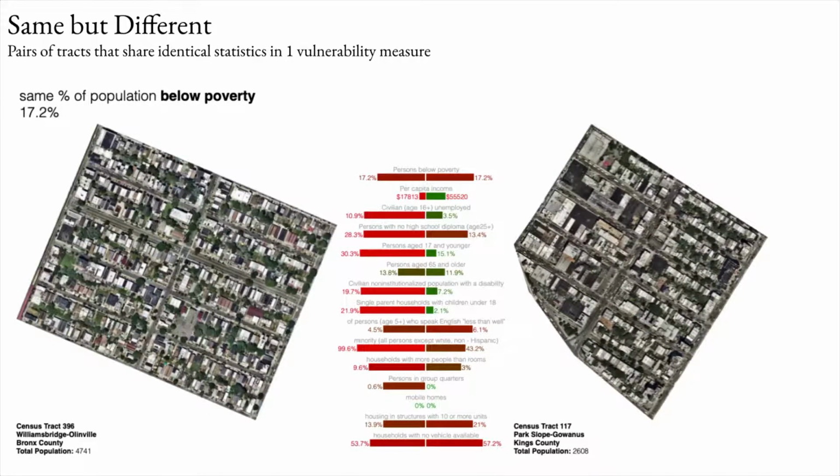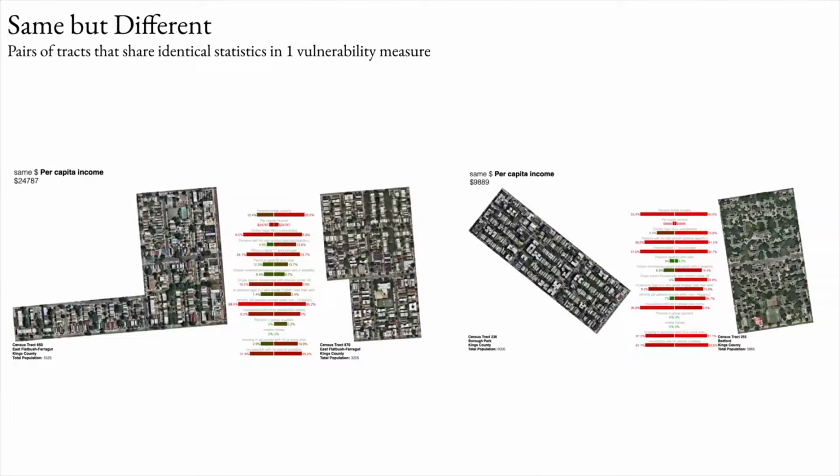On the right here, we see the difference in income and unemployment are particularly striking. However, per capita income happens to be an outlier in these charts. Pairs of tracts with similar per capita income represent asymmetry in other indicators.